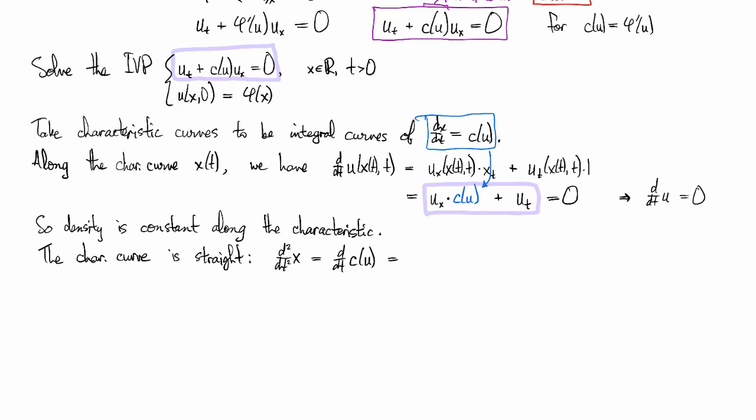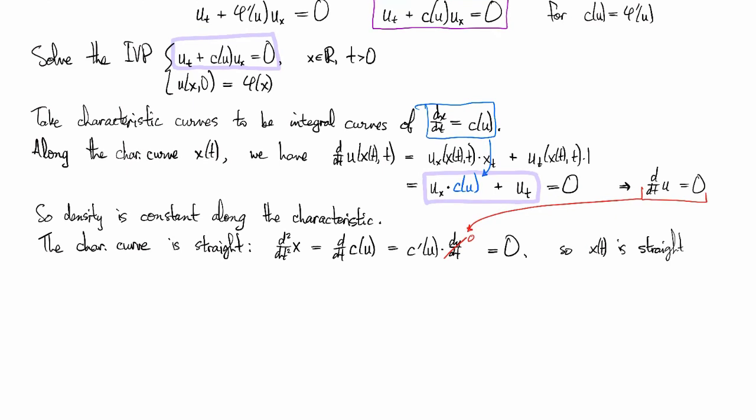So this is going to be c prime of u times du/dt by chain rule. But we just saw in a step just above that this derivative is equal to 0. So the whole thing is equal to 0. So that tells you that x has no curvature. Okay, so we've got our x of t, our characteristic curve. So our characteristic curve is a straight line.